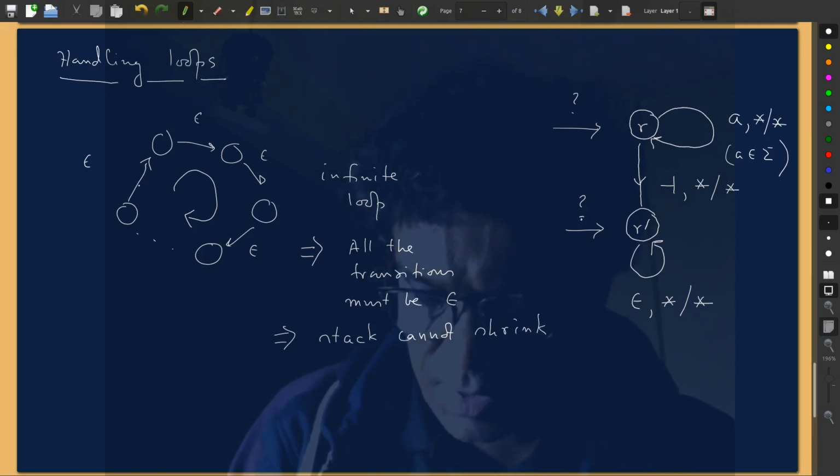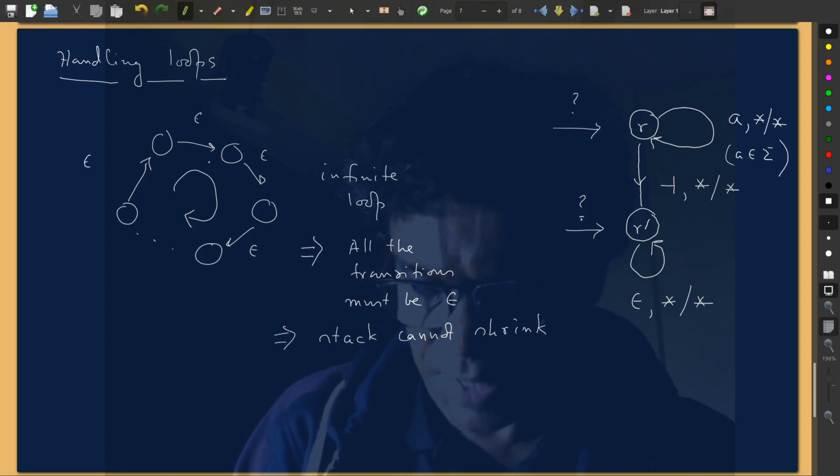Of course, from here to here there may be a shrinkage of the stack, but overall you cannot have a shrinkage, because before coming here the stack contained a finite number of elements, and by simply rotating along this infinite loop you cannot empty the stack. That is not allowed. And if the stack is strictly smaller here, then this is a deterministic machine.